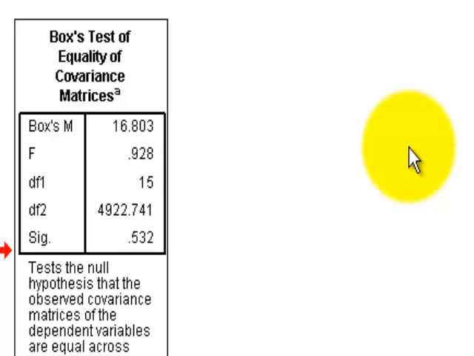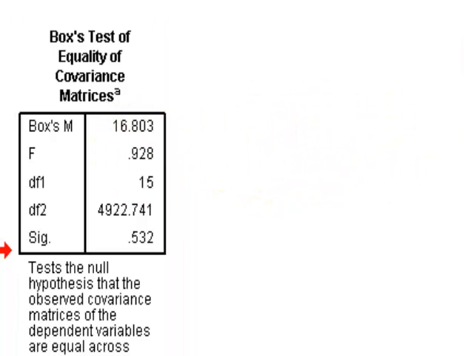And this is your number 7 assumption of homogeneity of the variance-covariance matrix. This is called the Box's M test. So like Levene's test and the normality test, if this significance number is small, that means you violated the assumption, okay?